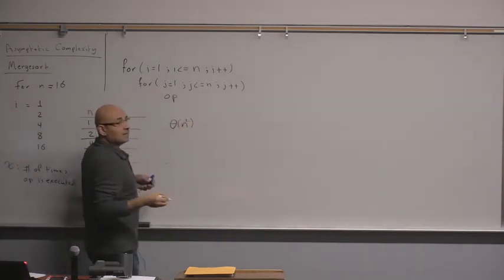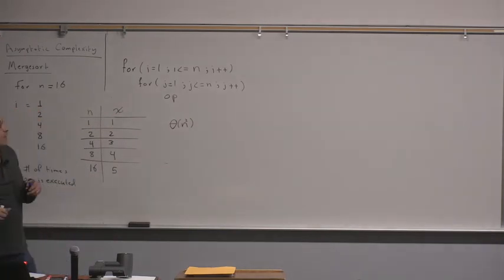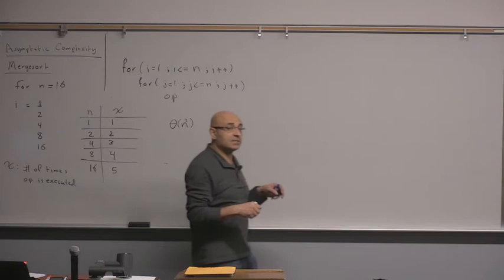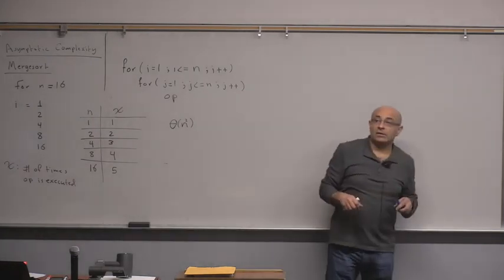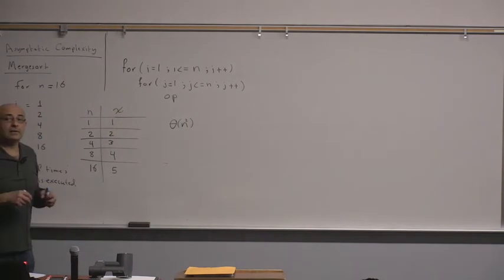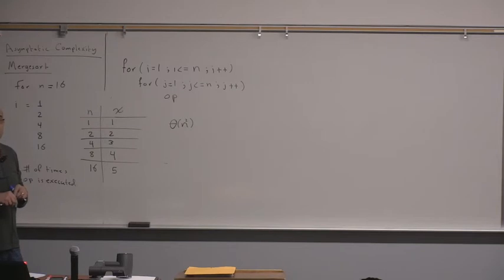Now, is it true that whenever we have a nested loop, the asymptotic complexity is going to be n squared? No? Okay, so give me an example where we have a nested loop and... Last time in the sorting, because it all depends upon the operation. Okay, the condition. Oh, but you mean insertion sort? Yes.